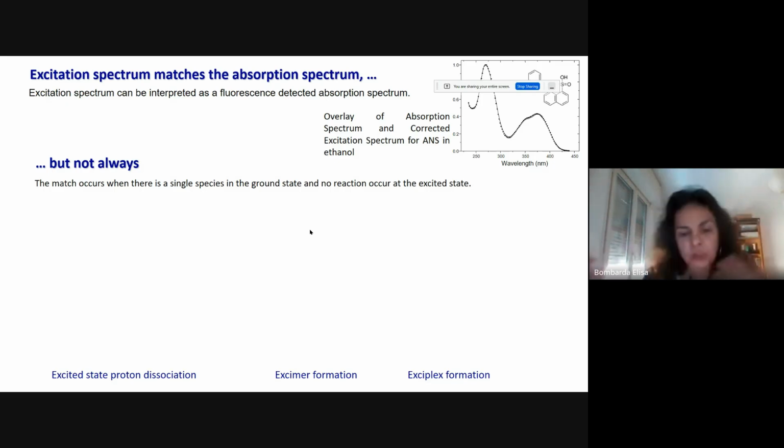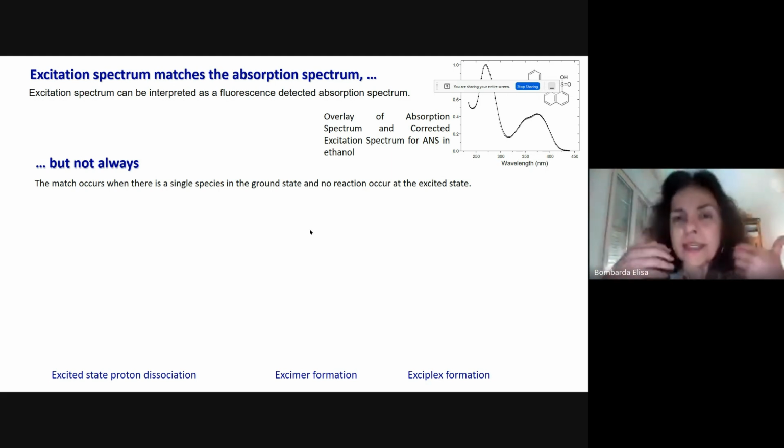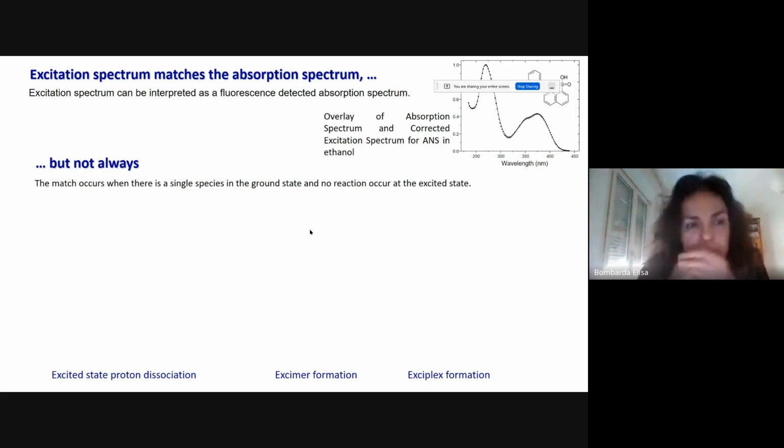As you see, I was using absorption and excitation somehow in the same circumstance. In principle, one expects the excitation spectrum to match the absorption spectrum. But this happens, let's say, often, but not always.